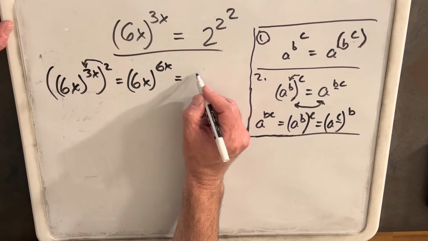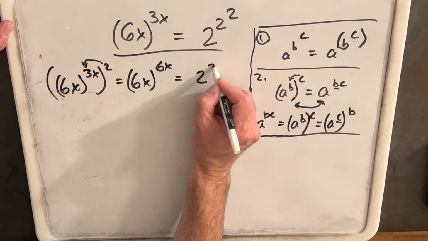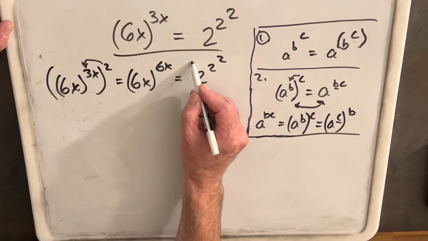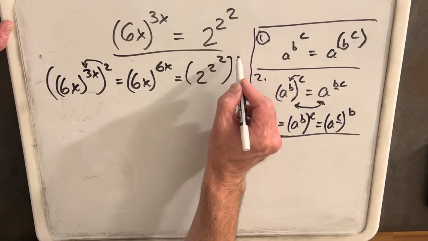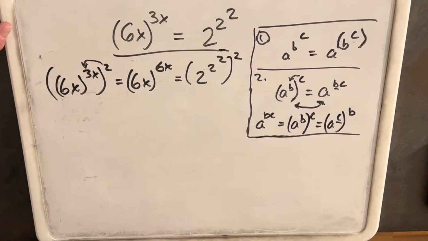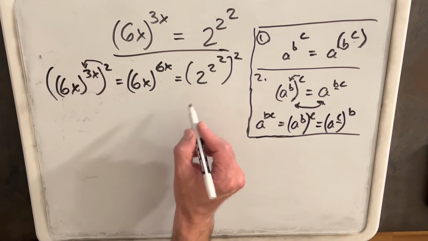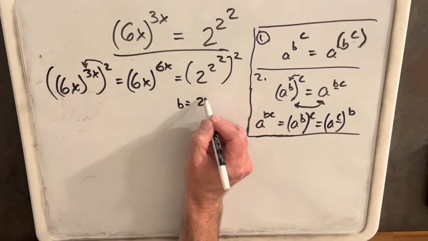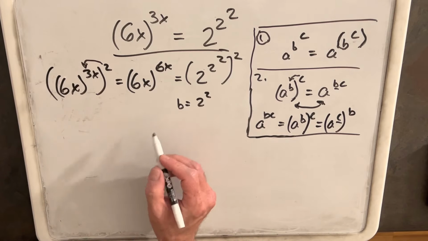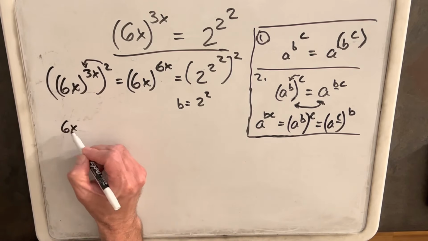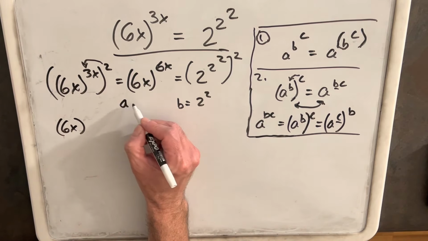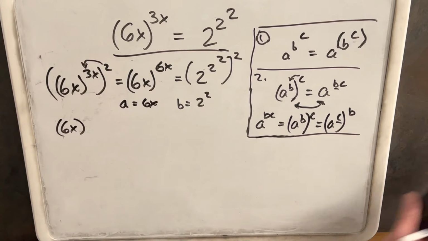So let's rewrite. We have our tower on the right, but since I squared the left side, I need to square the right side. Just to make it clear, I'm going to do a quick substitution. I'll call b equal to 2^2. And I'm going to do a equals 6x, just to clean this up.